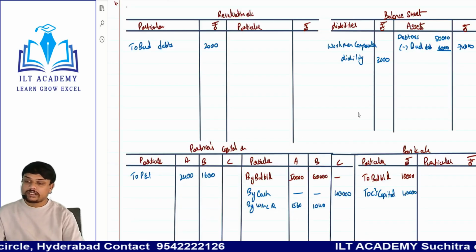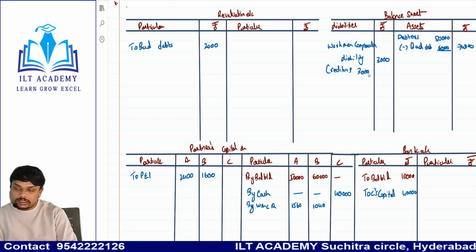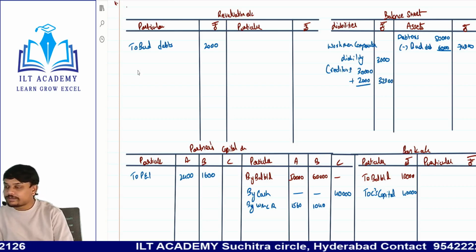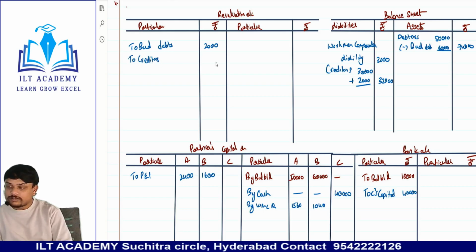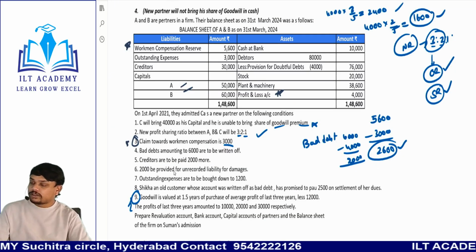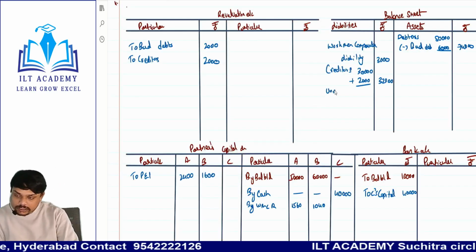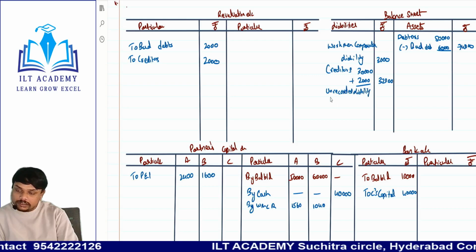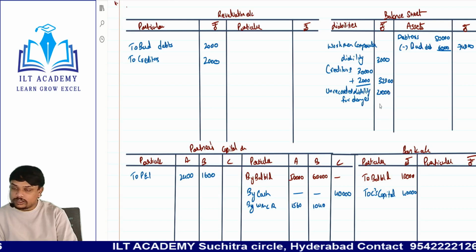Next, creditors are to be paid 2,000 more. Creditors are 30,000 and they are to be paid 2,000 more. Creditors 30,000 add 2,000, which is 32,000. Next, 2,000 to be provided for unrecorded liability for damages. Then damages 1,000.